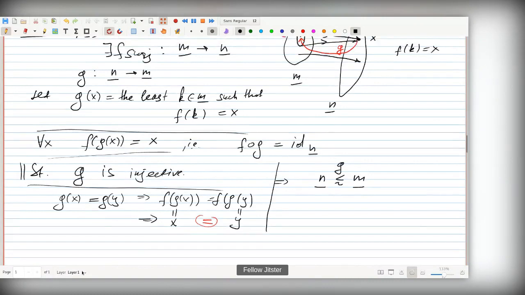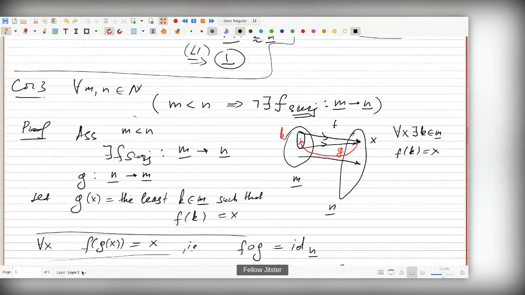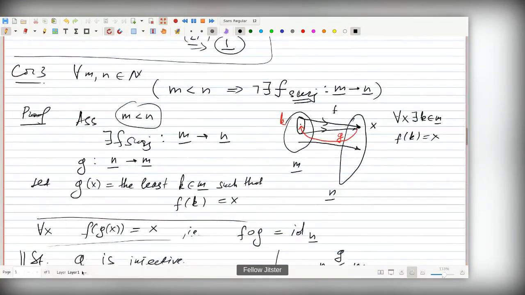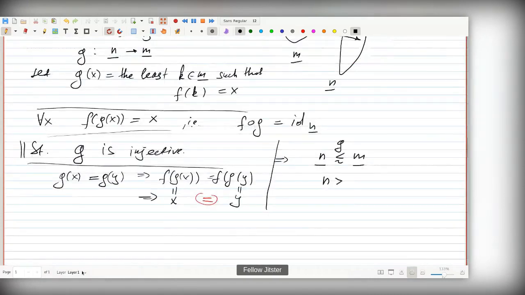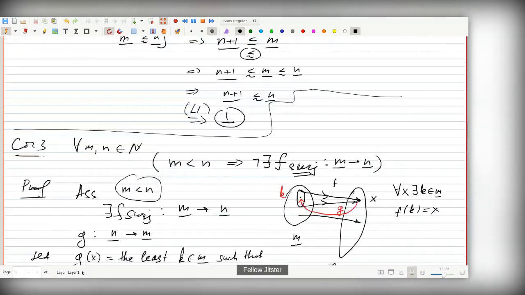Hence g is an injection from N into M, but look, N was greater than M, so we have obtained an injection from a greater set to a lesser set, which is not possible according to the Pigeonhole Principle. Okay.